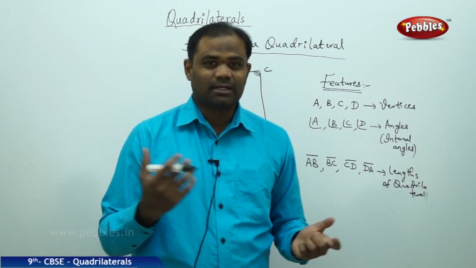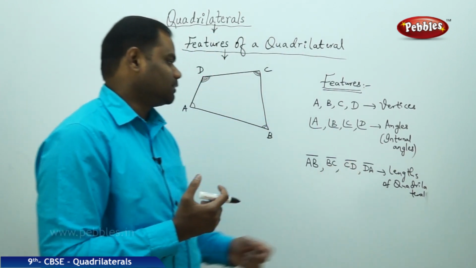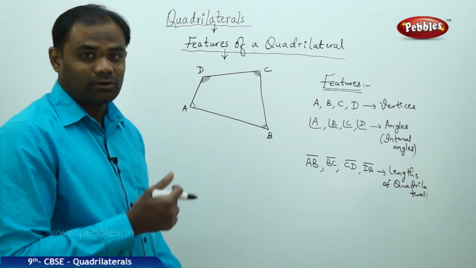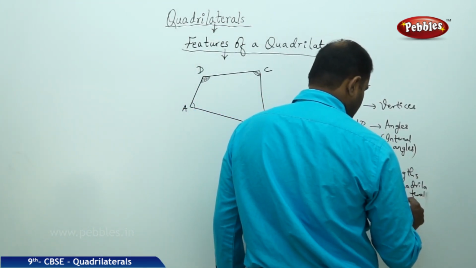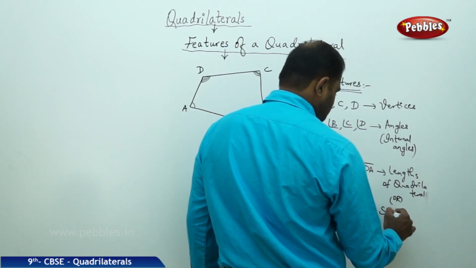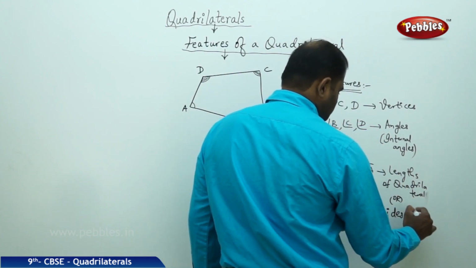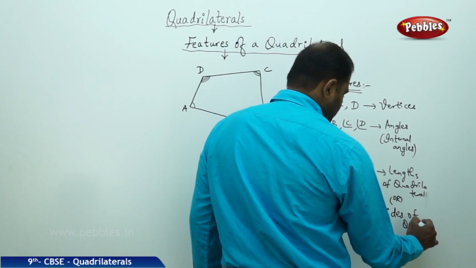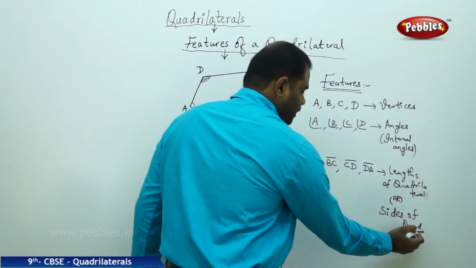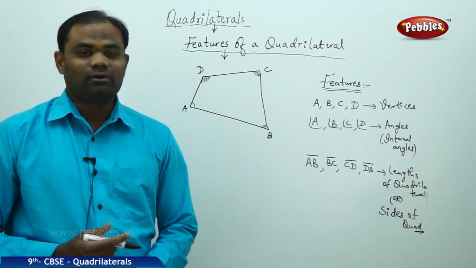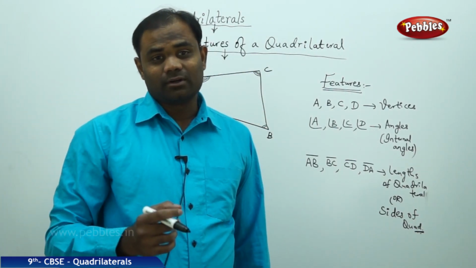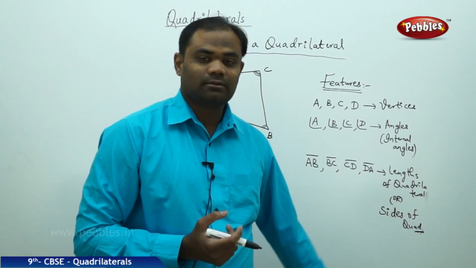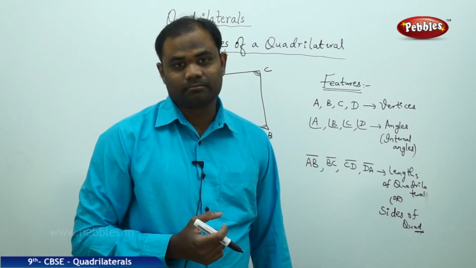The 4 sides have the 4 different lengths of the quadrilateral. They are also referred to as sides. Sometimes we refer to them as sides of the quadrilateral. This is how I understand the meaning of each of these being lengths of the quadrilateral or the sides of the quadrilateral. Both mean the same.